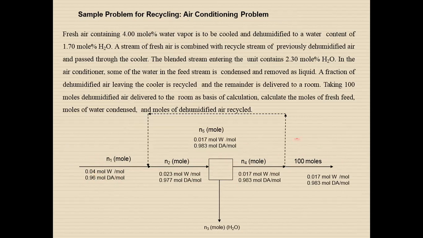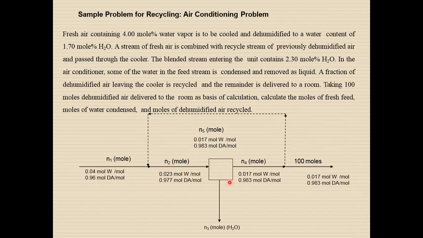The recycled stream from this dehumidifier is combined with the fresh feed, and it becomes the combined or mixed feed. The water content has been reduced, and the moisture is gone from the air. So here the moisture is 0.023 mole fraction of water, but the dry air is 0.97 mole fraction.